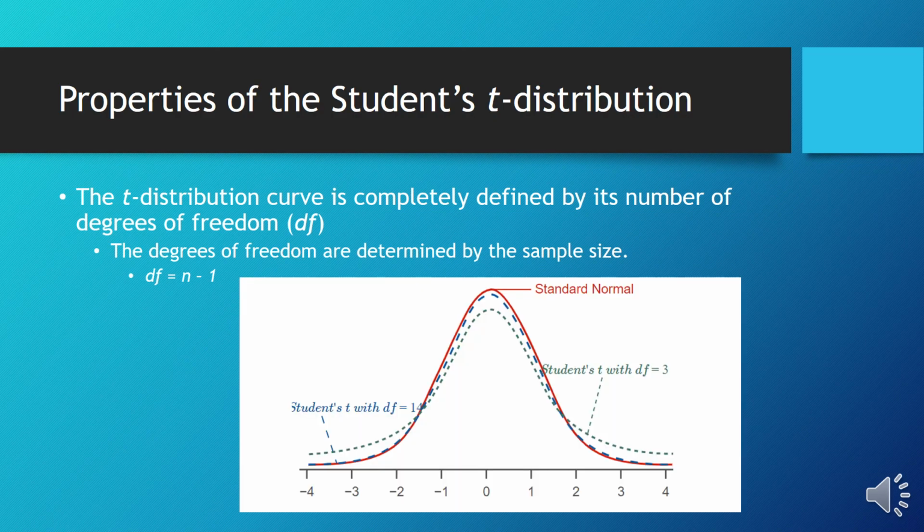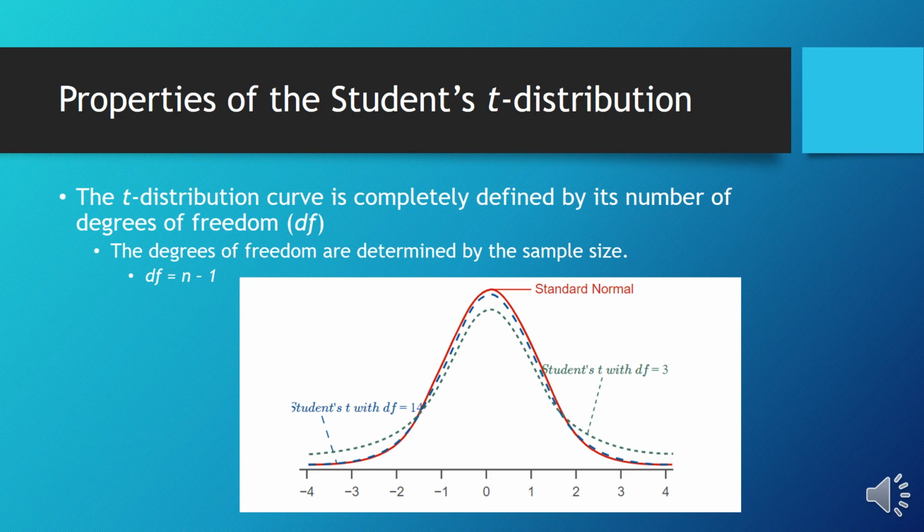Now, I wanted to pull up this picture again and point something out to you. The student's t-distribution, as I said, is defined by its degrees of freedom, and the more degrees of freedom you have, the closer this curve is going to get to the standard normal curve. As you can see, the blue curve here is degrees of freedom equals 14, so that means you have a sample size of 15.